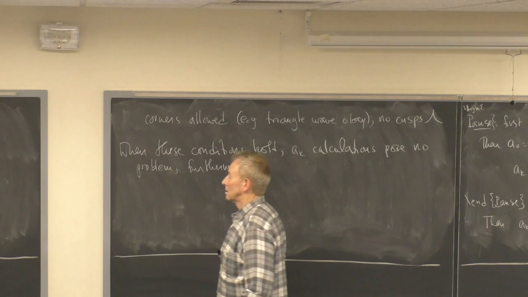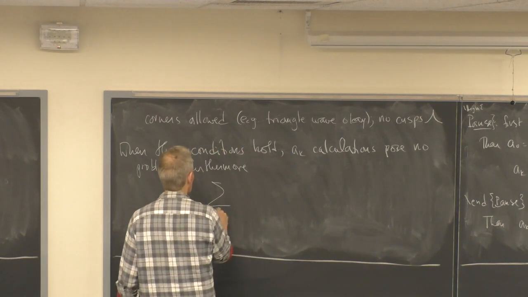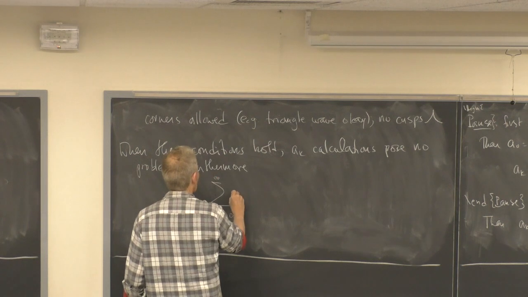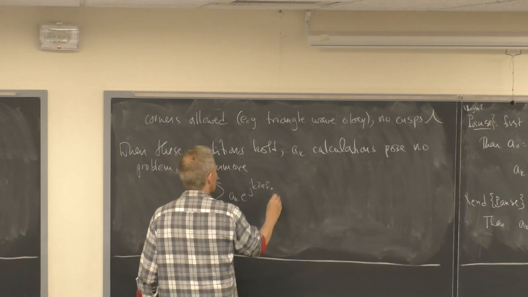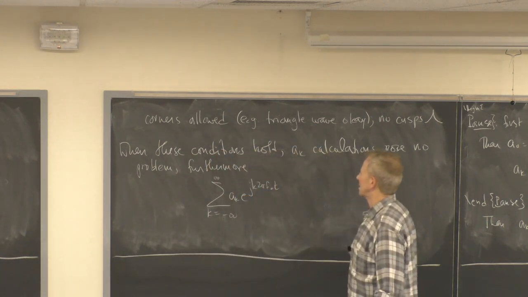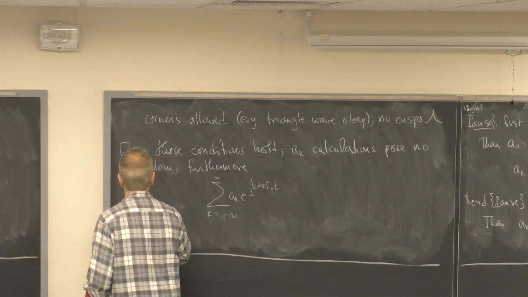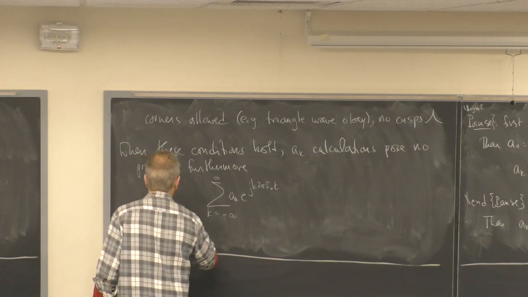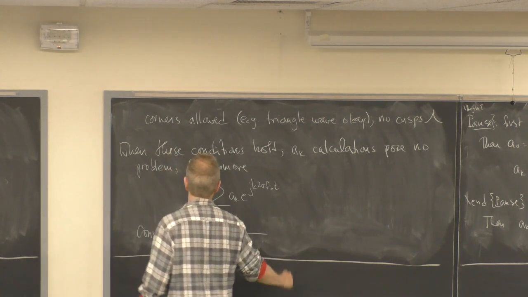this series, the Fourier series, sum from k equals minus infinity to infinity, a_k e to the j k 2 pi f0 t, converges for all t. What does it converge to?